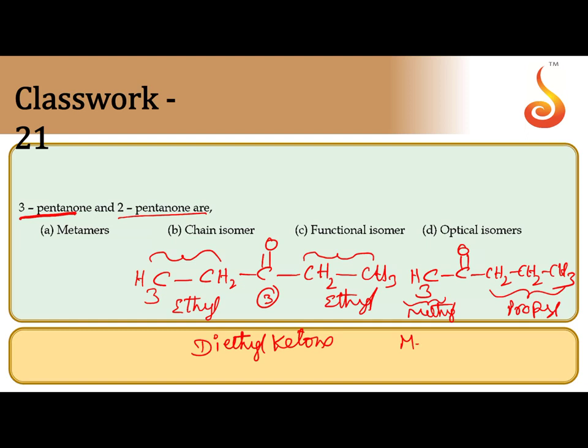Its common name is methyl propyl ketone. Two compounds with the same molecular formula but different alkyl groups attached to a polyvalent functional group are called metamers. So, 2-pentanone and 3-pentanone are metamers. If you check the IUPAC names, you may get confused as position isomers, but they are considered metamers.